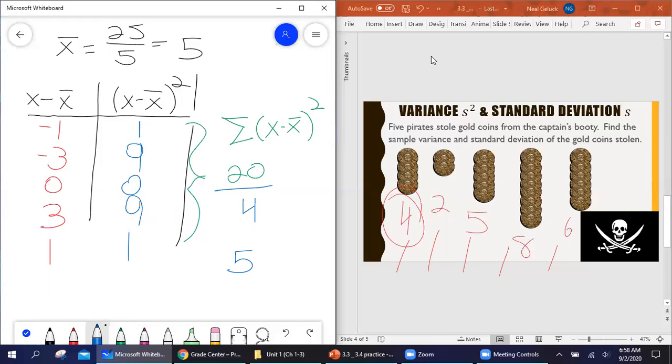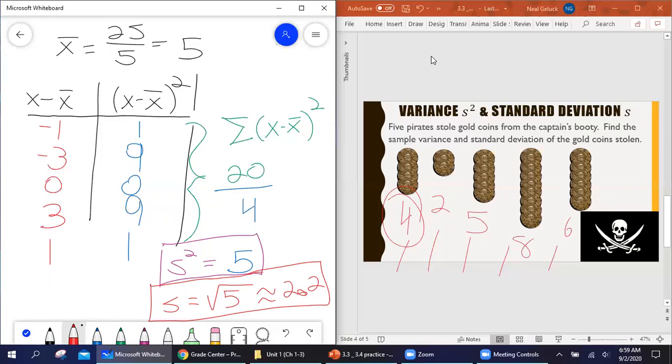And the last step, oh, by the way, sorry, that is the variance then, if you remember. So the variance, which is called s squared, is 5. Which then means the standard deviation is the square root of 5, which is about 2.2-ish.